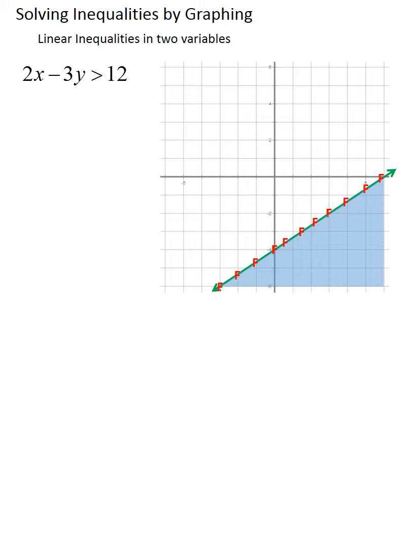So that discovery left mathematicians with an interesting question. If all the points underneath a line make the inequality true, but all the points on the line don't make the inequality true, and therefore aren't part of the solution, how do we draw that?